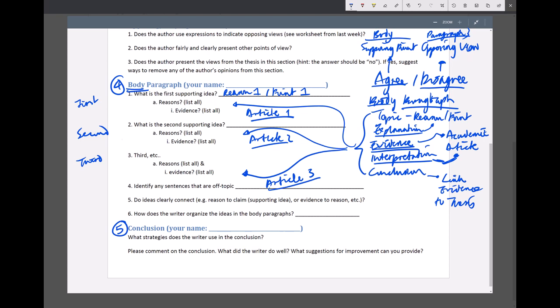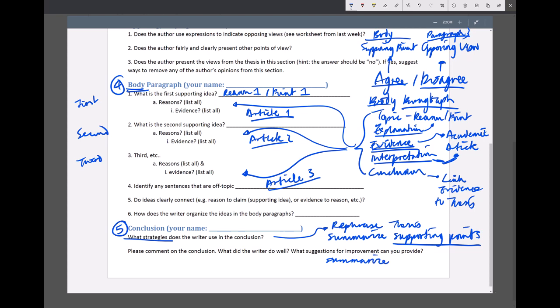And then in your conclusion, the strategies you use would help you sort of rephrase your thesis. You definitely want to summarize your argument or your supporting points here. Now, in this essay, your summary can be just summarizing your supporting points, or you can summarize both your supporting and opposing points.